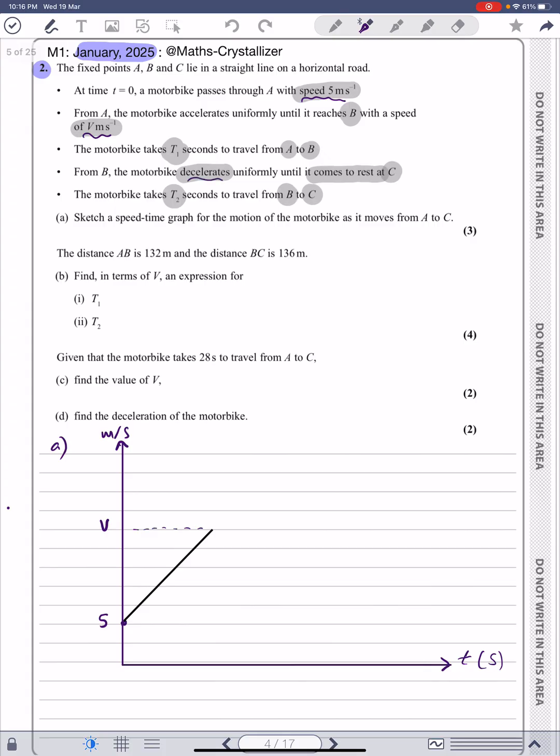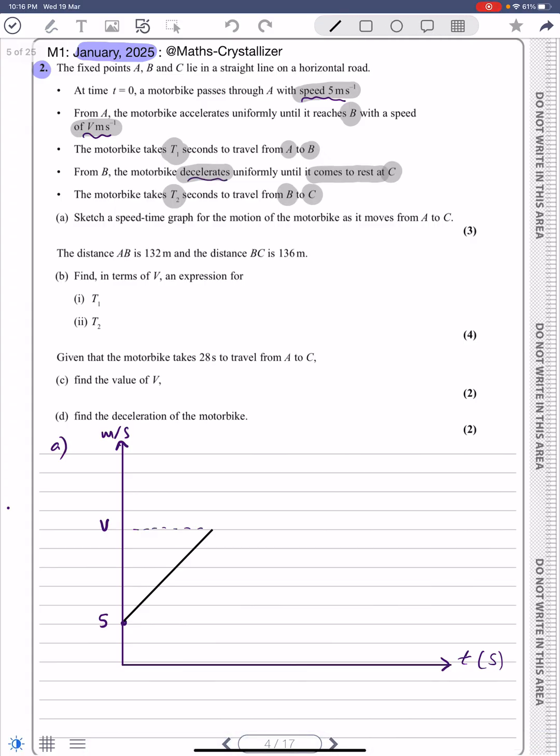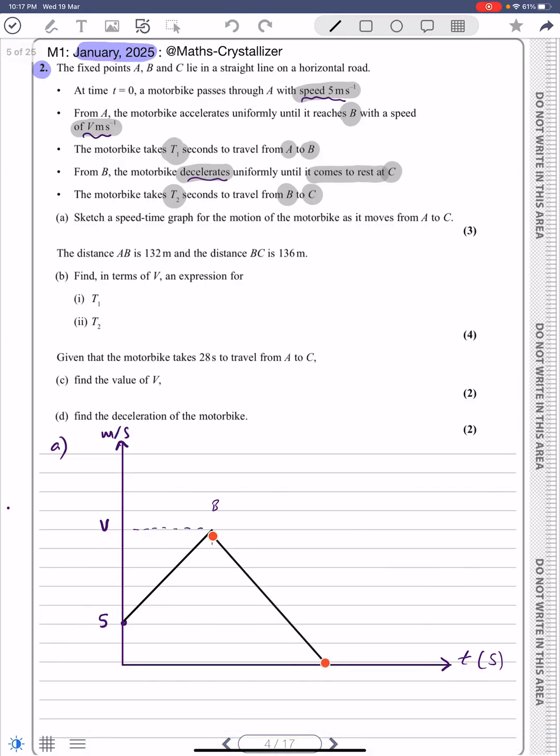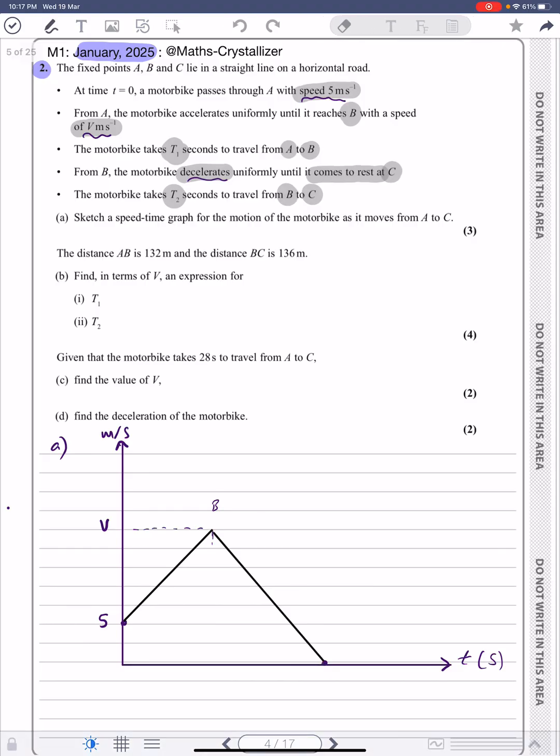Then it decelerates uniformly from B to C like this. This is point A, point B, point C at rest. And he gives us the times. So it takes T1 from A to B. So let's make it just more neat.